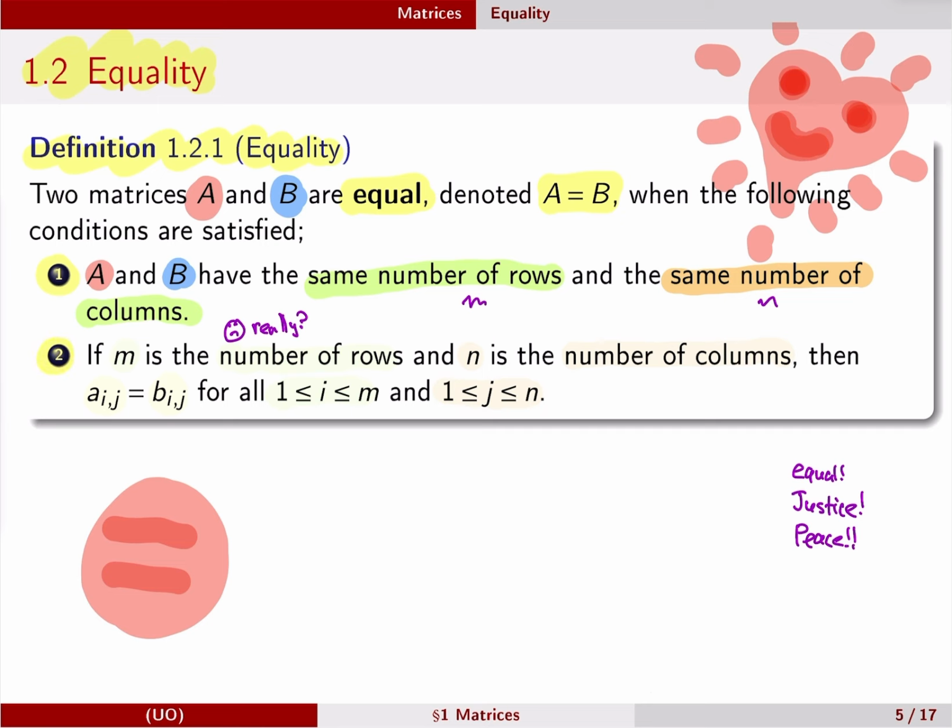And the second thing is when they have the same size, all their entries in their respective positions must be equal. So if you have m as the number of rows and n as the number of columns, then the entry a_ij of A must be equal to the entry b_ij of B for all rows and all columns.